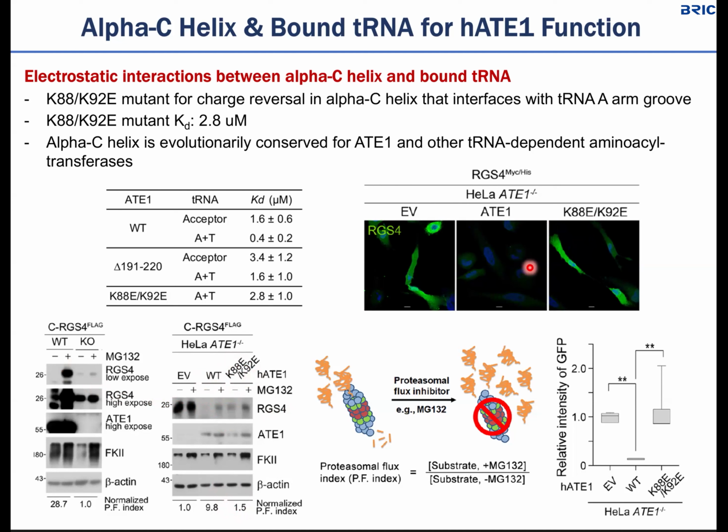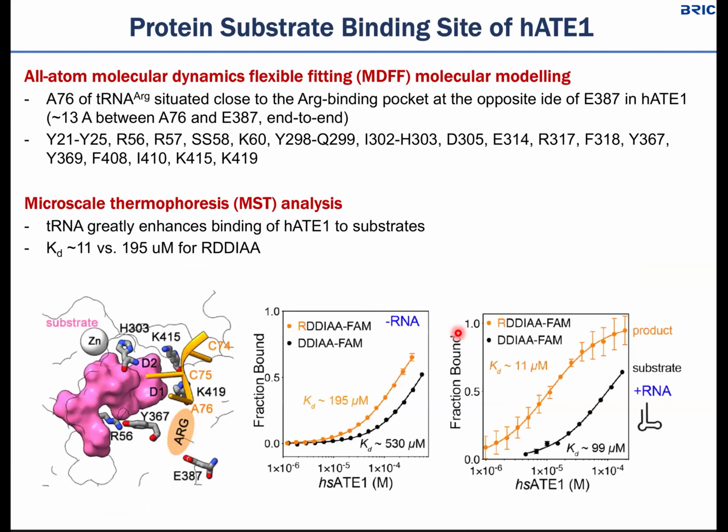And in line with this observation, immunostaining of recombinant tagged RGS4 indicated elevated levels in AT1 knockout cells that were rescued only by wild type, but not the mutant AT1. These results affirm that the electrostatic interactions between the alpha C helix of the unstructured loop and the bound arginal tRNA molecule are essential for human AT1 function.